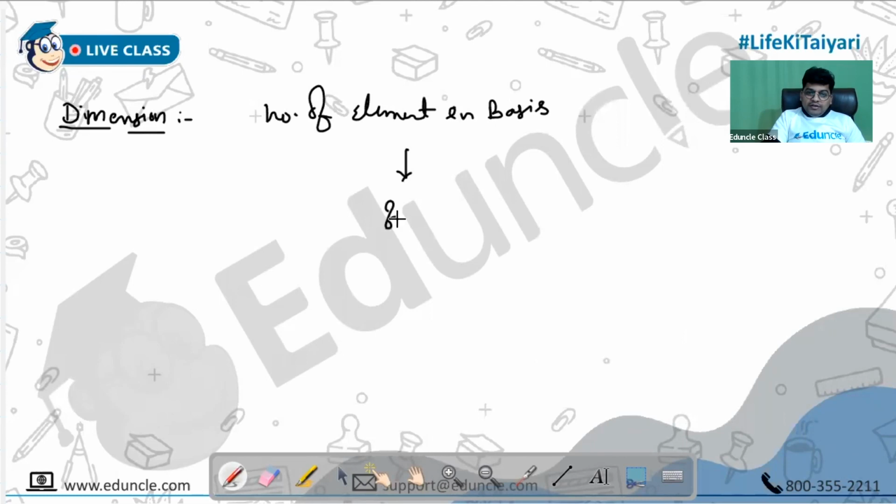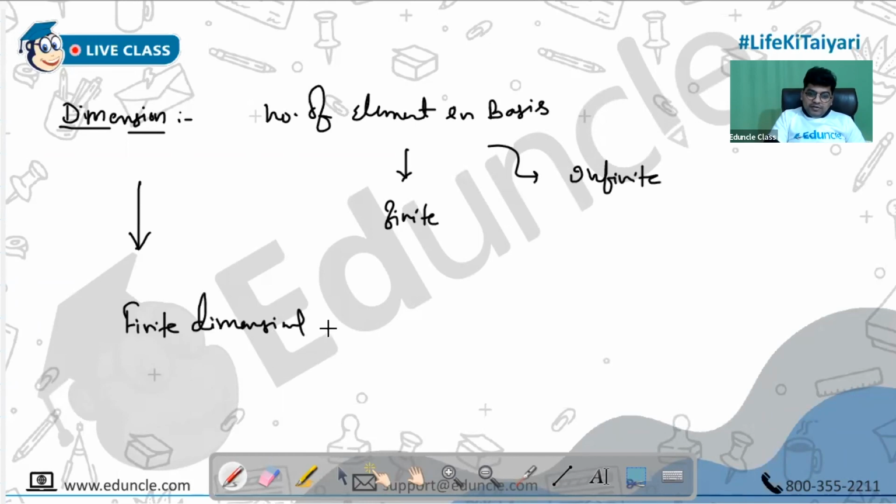That can be finite or infinite. So we have two types of vector space. One is finite dimensional vector space, the example is Rn. Another is infinite dimensional vector space.